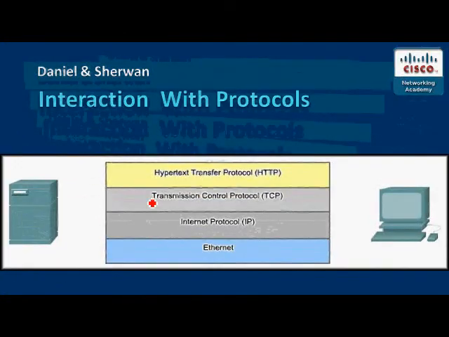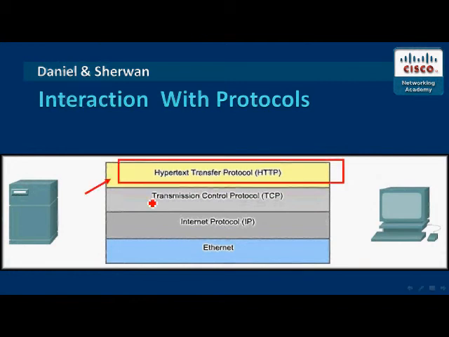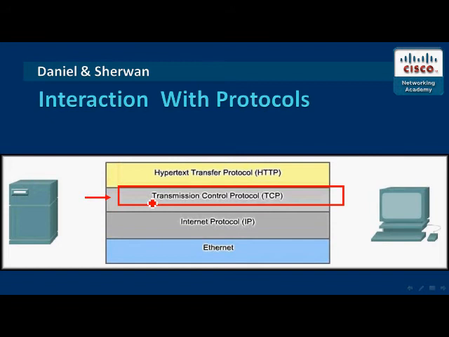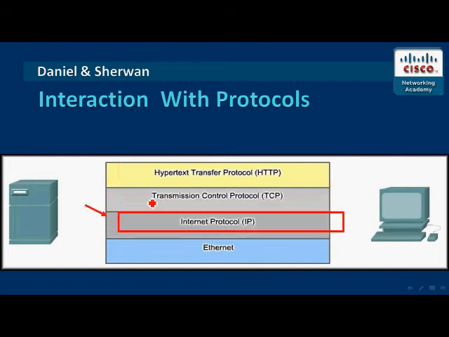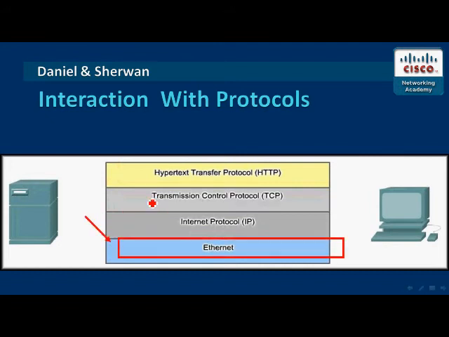Interaction with protocols. Now, from the server, it's going to send a Hypertext Transfer Protocol known as HTTP. The server will also send a Transmission Control Protocol, TCP, and it will send an Internet Protocol, IP, and it will send all this data through the Ethernet channel, the cable.